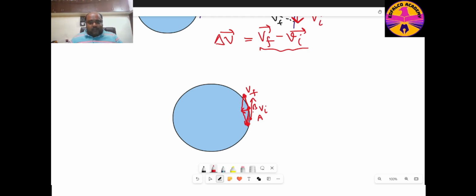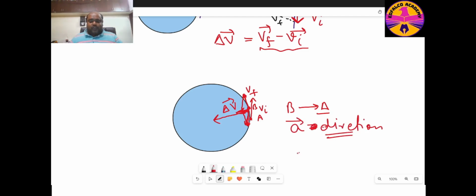And the more and more this B becomes close to A, at a point, if B is so close to A that it is that point A itself, then this particular delta V vector that you are seeing will almost become the radial line. So the direction of the acceleration vector is towards the radial line, pointing inward, right?